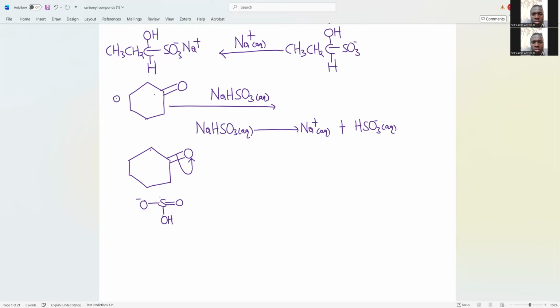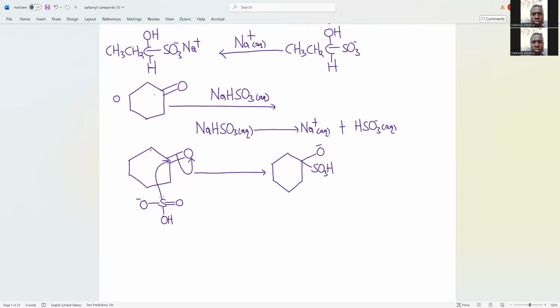There are lone pairs of electrons on sulfur, so they are donated to that carbon. Therefore, what do we get in this case? This is now a single bond. Oxygen has a negative. I am bonding this carbon with S, which carries 3 oxygens and a hydrogen.